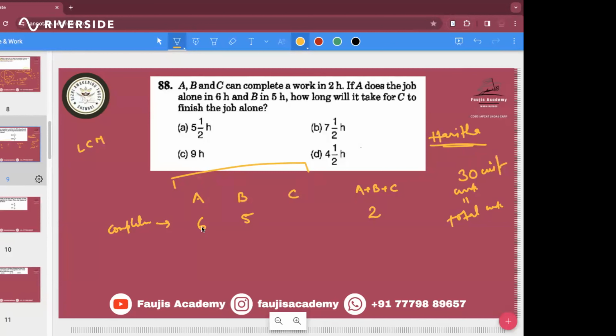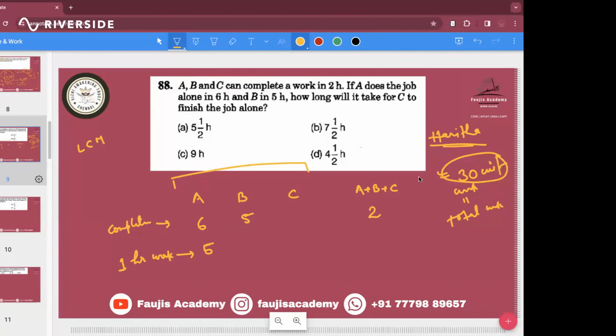That means in 6 hours, A alone does how many units of work? 30. Earlier I was talking about 1 day's work. Now 1 hour's work. How much will that be? In 6 hours, he completes 30 units, so obviously this must have been 5.